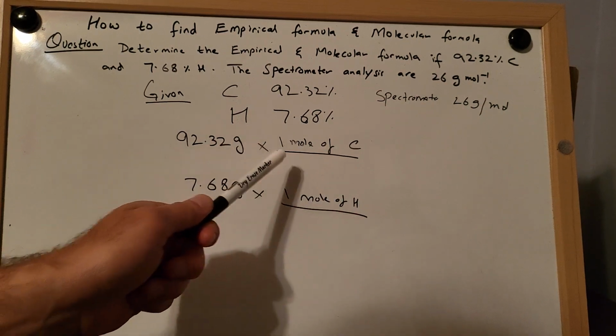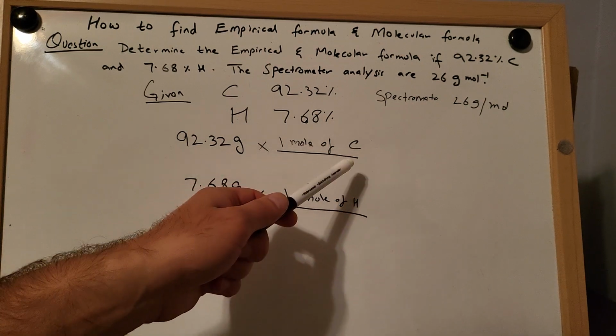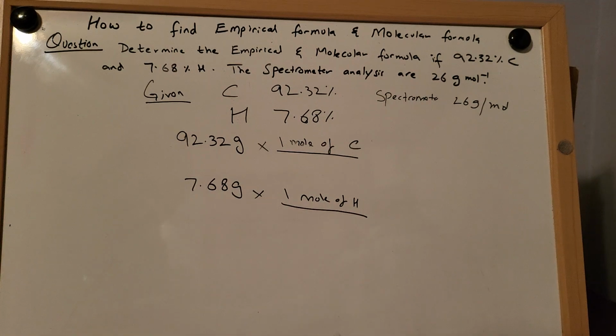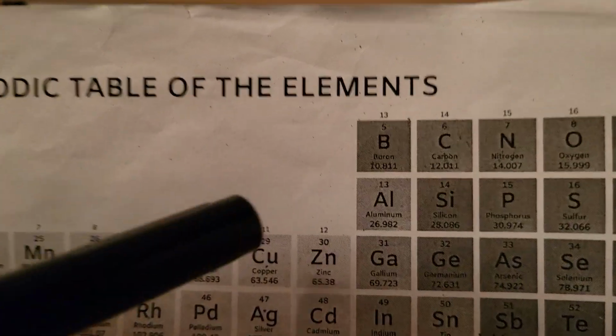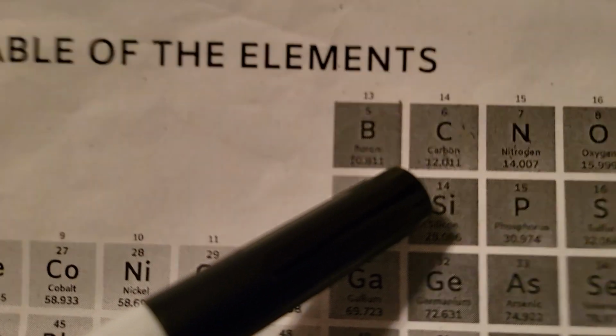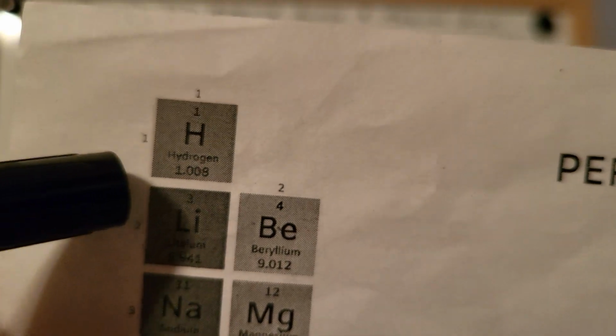So what is 1 mole of carbon? Remember in my previous videos I told you how to convert grams to moles and how to find out how much 1 mole of carbon is, how much 1 mole of hydrogen is, how much 1 mole of anything is in the periodic table. If you look in the periodic table, the carbon is right here and it's 12.01, and hydrogen is 1.008.